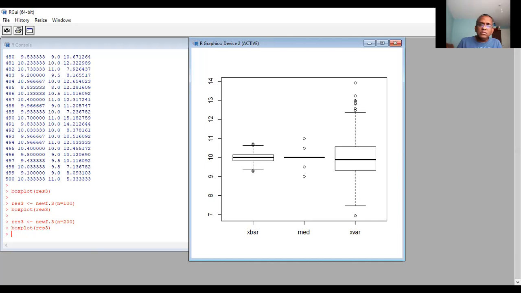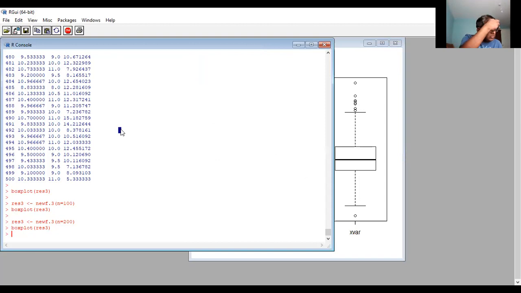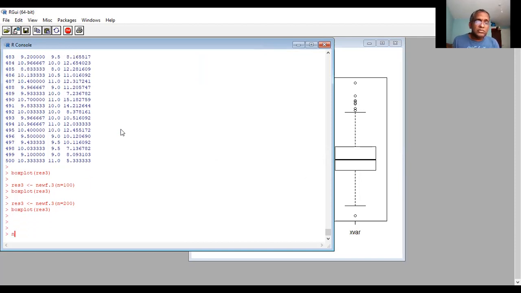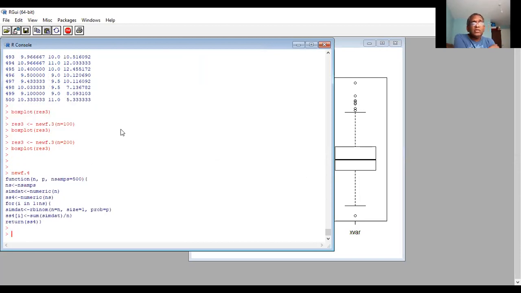So let me go to the next section of the tutorial sheet, which is about the sampling distribution of the sample proportion. The function that corresponds to that section is called new f dot 4, right? What this function does is the following. Let me write it down.